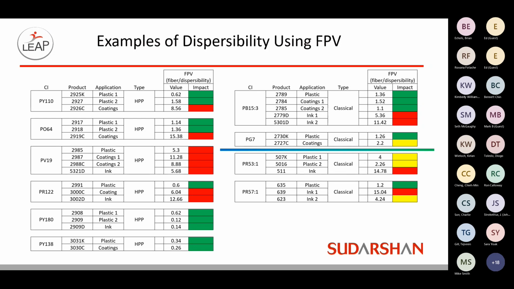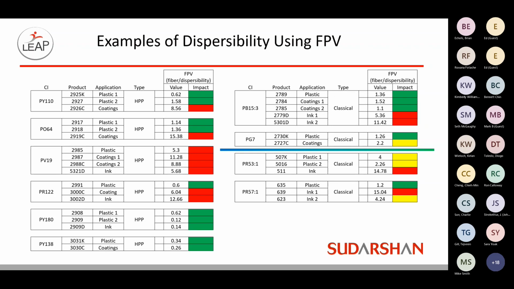And there's also a quick snapshot as to which grades are appropriate for fiber and which may not be. For example, violet 19s overall are probably not a great choice for fiber applications because they have higher FPV values than are required for a fiber application.